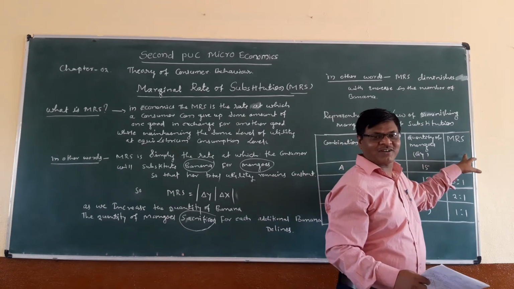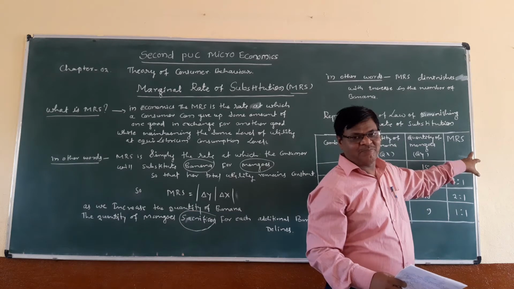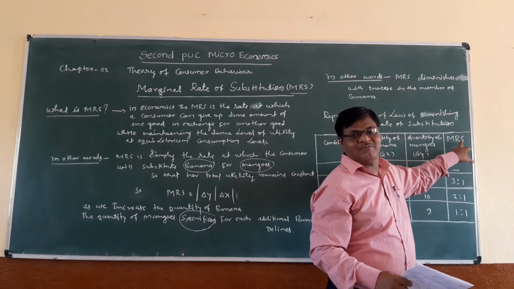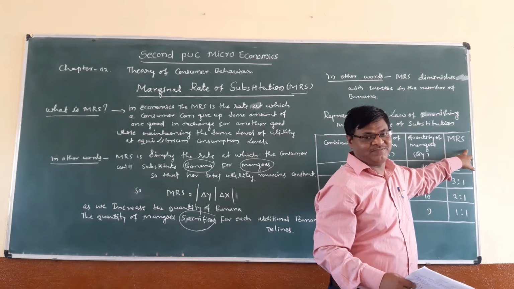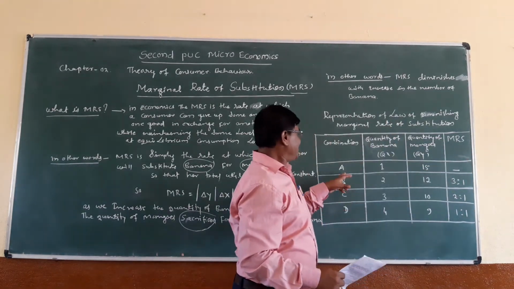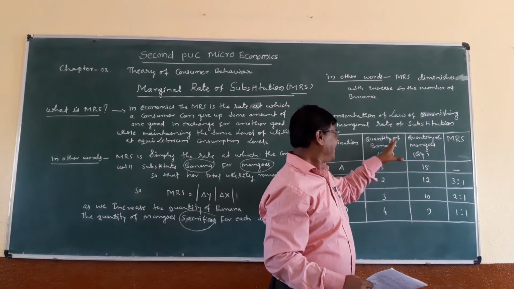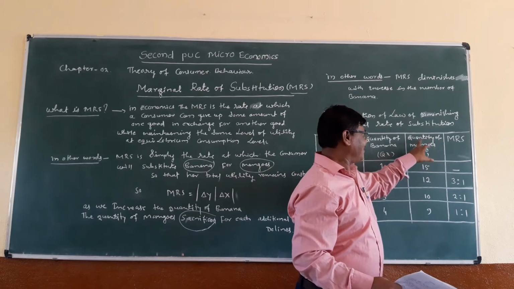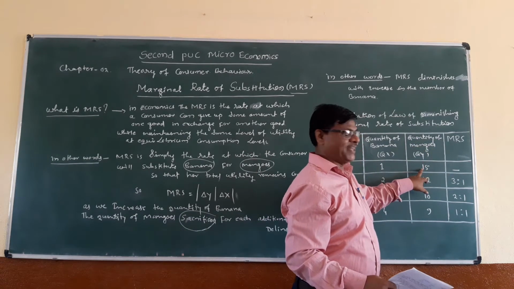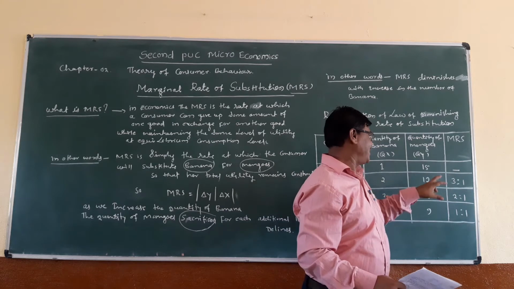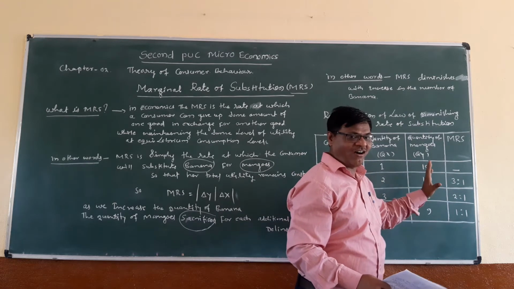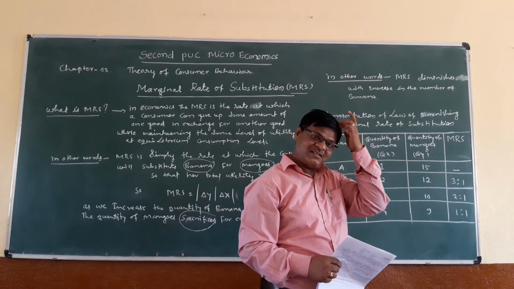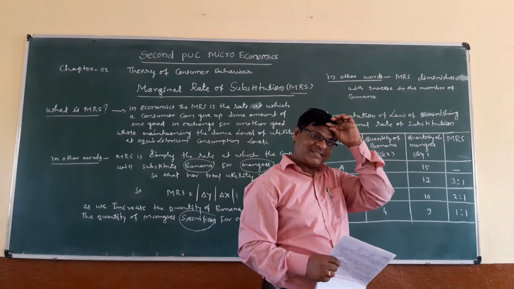And this is the most important, MRS. In combination A, the quantity of banana is 1 and quantity of mango Qy is 15. It is not the marginal rate, it is the same level.